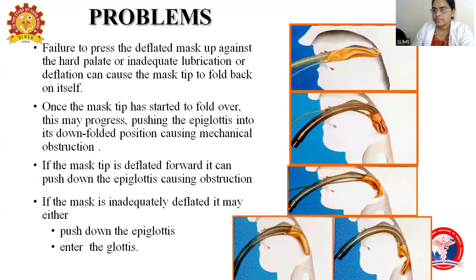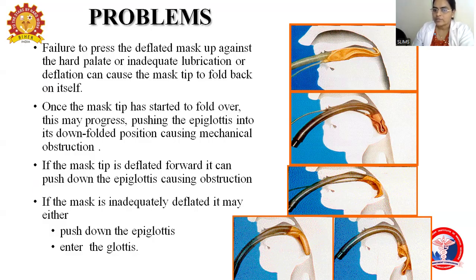Failure to press the deflated mask up against the hard palate, or inadequate lubrication or deflation, can cause the mask tip to fold back on itself. The first figure is showing this. Once the mask tip has started to fold over, this may progress, pushing the epiglottis into its down-folded position, causing mechanical obstruction.